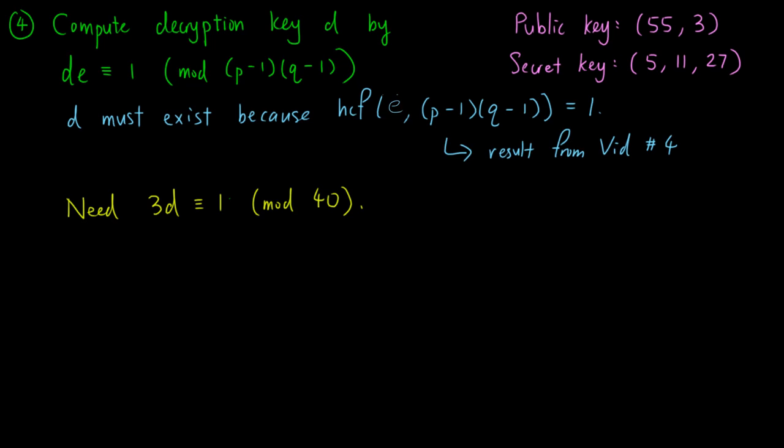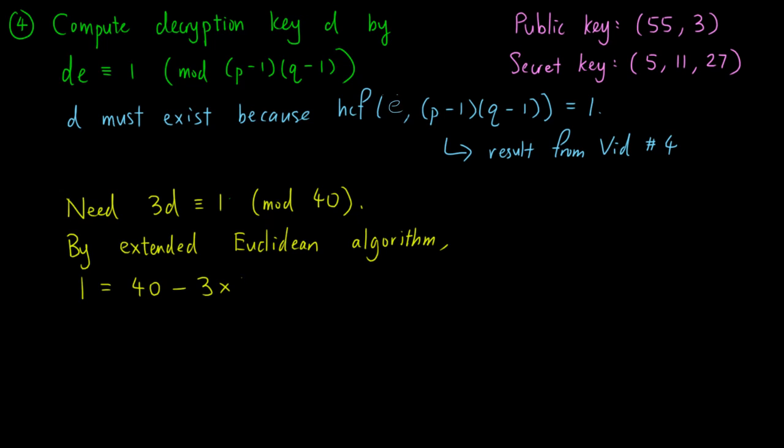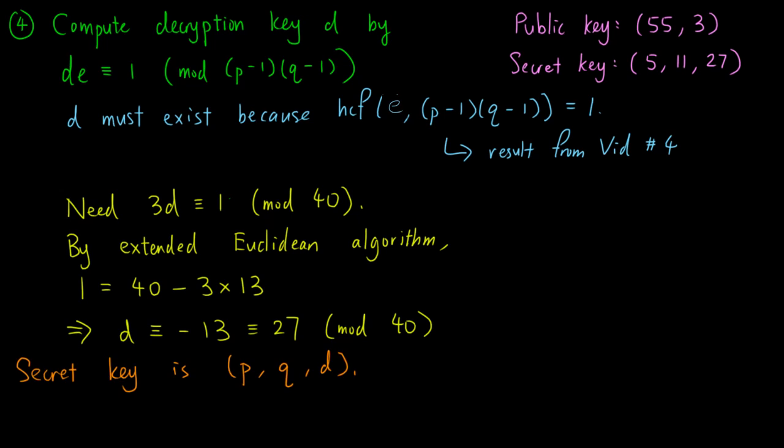So we need 3 times d is congruent to 1 mod 40. Using the extended Euclidean algorithm, we can write 1 equals 40 minus 3 times 13. So d is negative 13, which is congruent to 27 mod 40. We now have the secret key, which are the numbers p, q, and d.